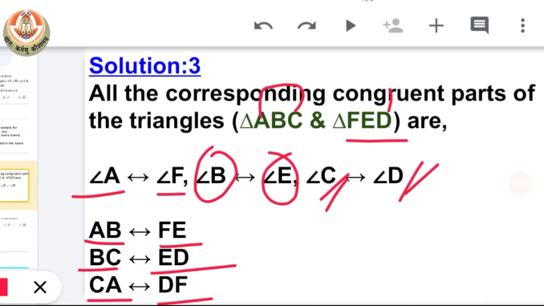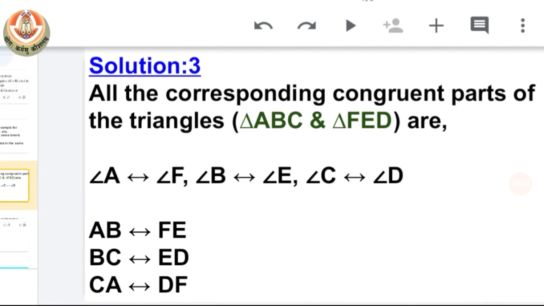So you have to keep in mind how we write their names. It is very important.